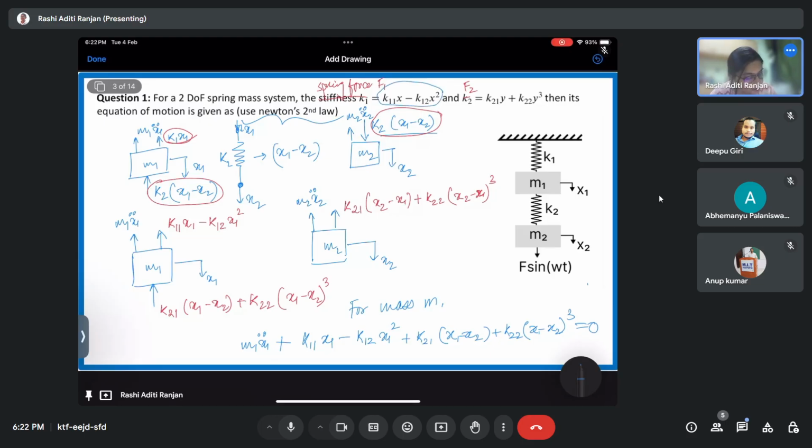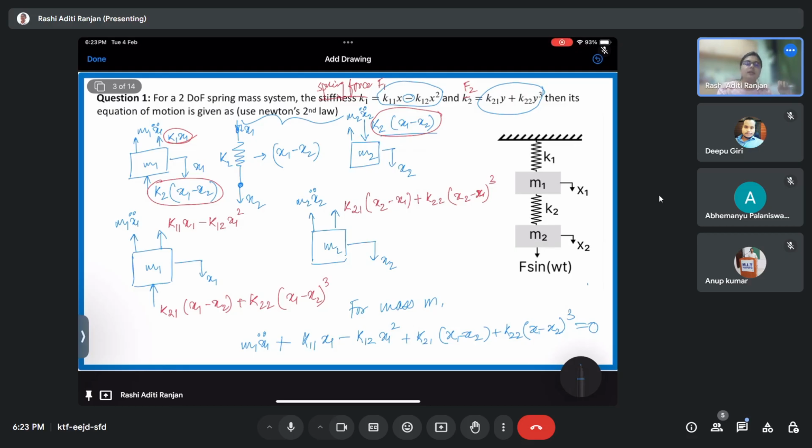There is also one interesting thing that you should note: for spring number 1, the spring is actually softening type because you see a negative sign over here, right? While in case of spring 2, the spring force is hardening type, like I discussed in the previous live session, that a spring is essentially linear or nonlinear, and the nonlinear spring is further of two types, hardening type and softening type.